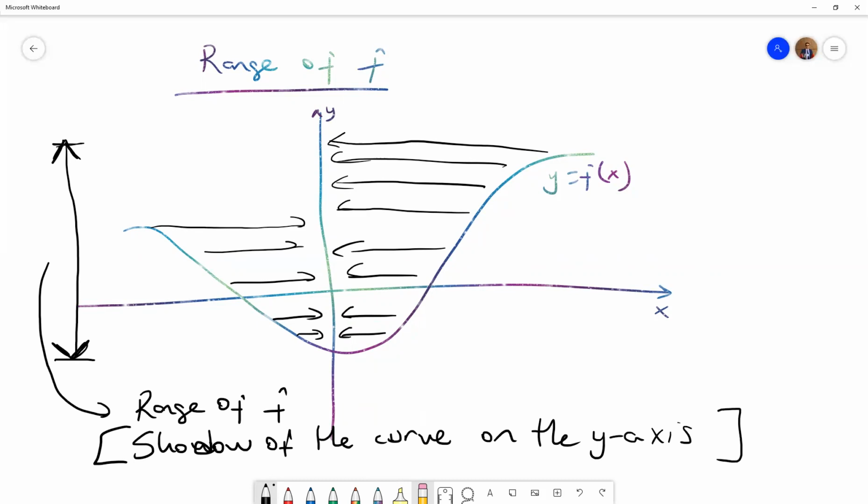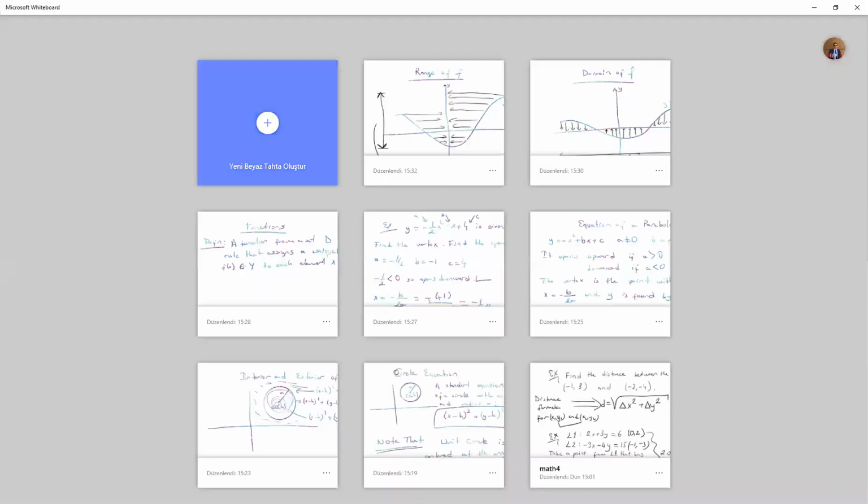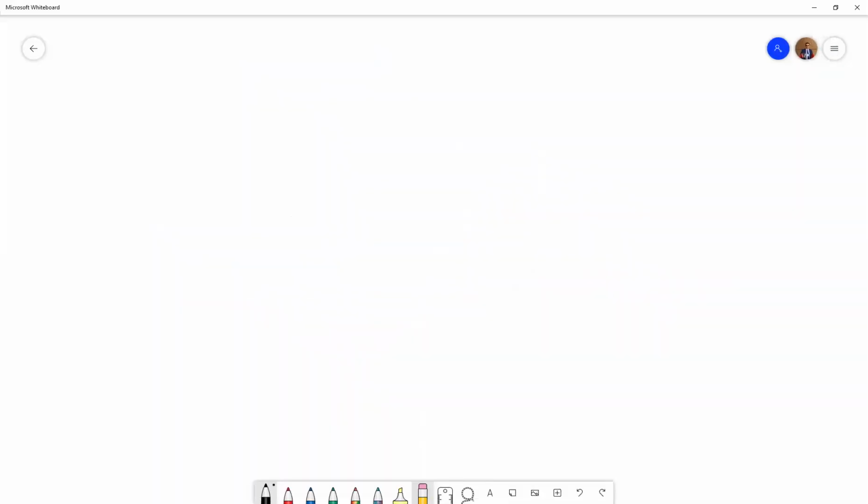Yeah, these are important. Now let's give some examples of domain and range of some important functions. First, we have a general function mx plus b, which has slope m and intercept b.